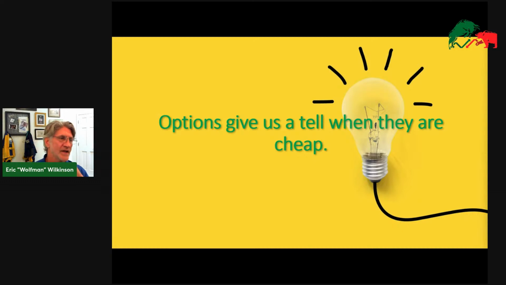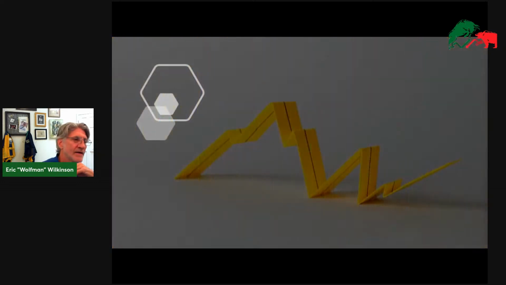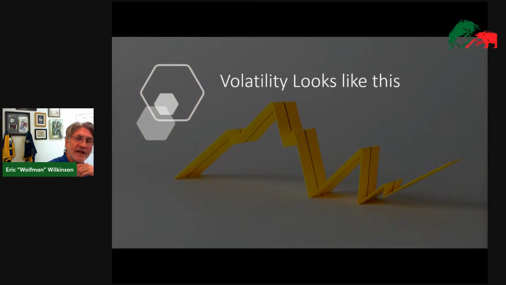But the key here is with options, especially volatility, we have volatility that looks like this because every individual underlying has its own. And I'm going to say this is implied volatility more specifically. I don't want you to be thinking of the VIX when I'm talking about this. We're talking about specifically implied volatility for a specific underlying.